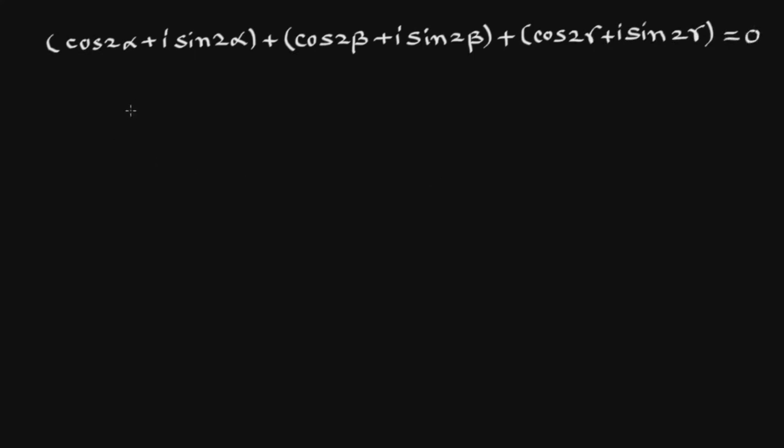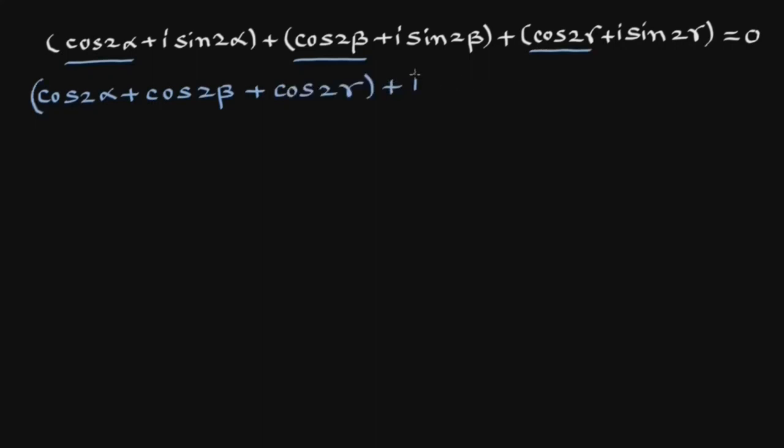We will rearrange the terms and write cos 2 alpha plus cos 2 beta plus cos 2 gamma plus I times (sin 2 alpha plus sin 2 beta plus sin 2 gamma) equals 0 plus I times 0.